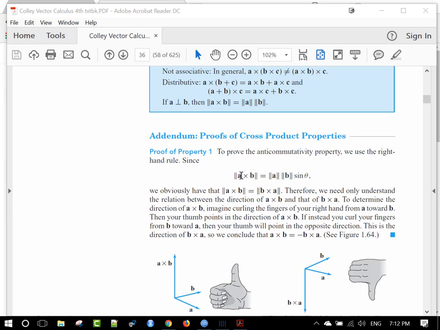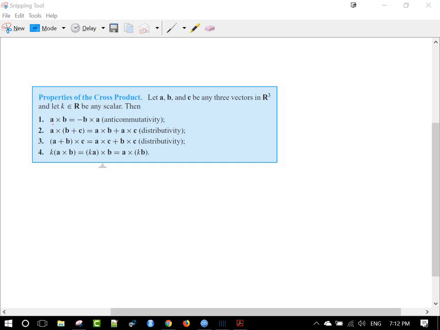This tells us the magnitude of A cross B. And you can see that if you do B cross A, you're just going to get the B here and the A here, so it's going to be the same thing. So we can say that the magnitudes are the same. That is, the magnitude of this is the same as the magnitude of this.